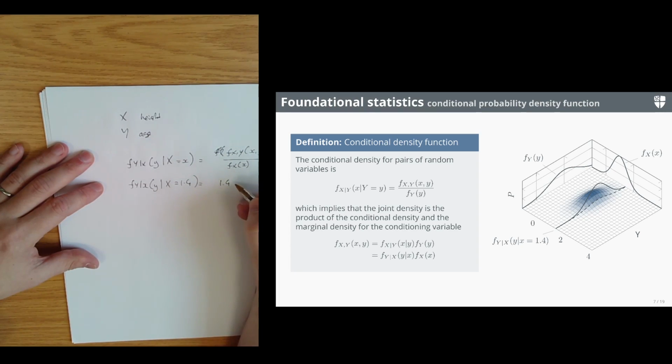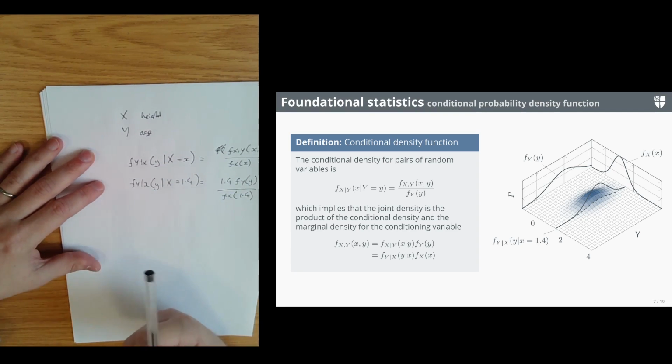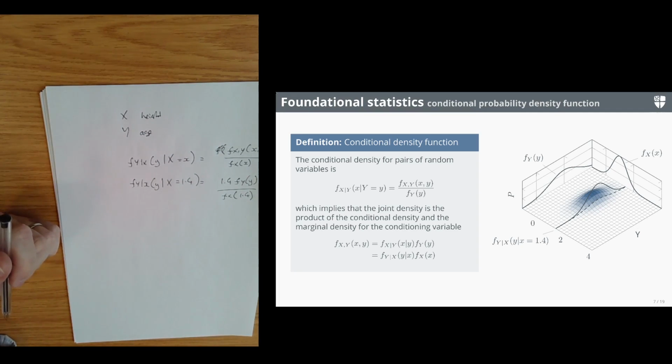We want to know this density, so it is equal to the joint density at 1.4 and the marginal of the age, over the marginal of the height, f of x of 1.4. And if you look at the slide, this gives another 1D distribution, which is the probability of the age.